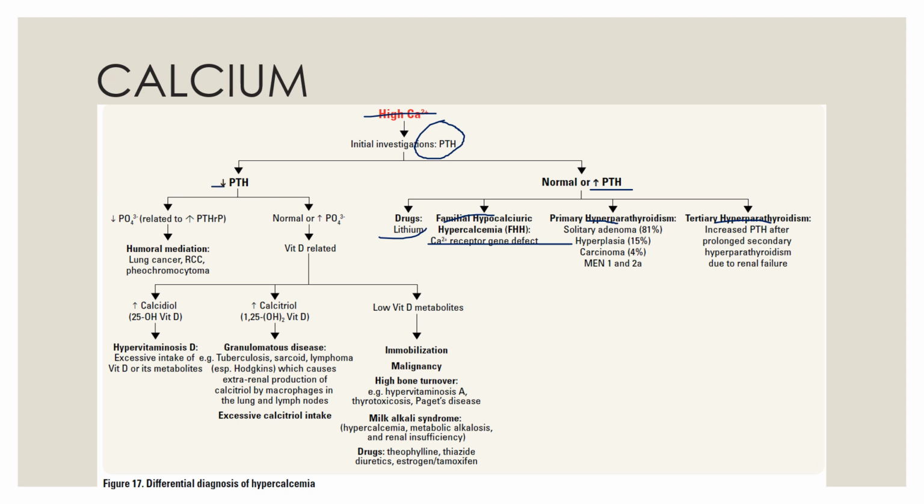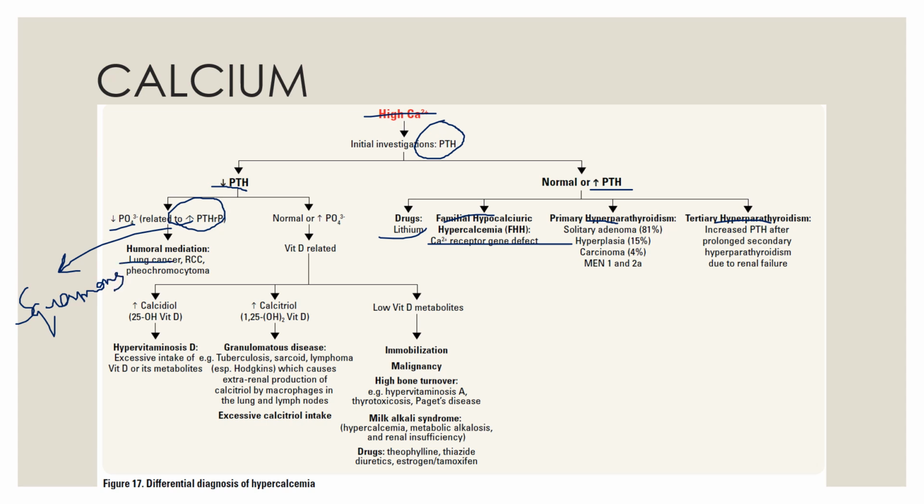Now, if there is high calcium with low PTH, you then have to look at phosphate. If there is low phosphate, it is mainly due to raised parathormone related peptide, and that is mainly seen in squamous cell carcinoma of the lung. Which type of lung cancer?